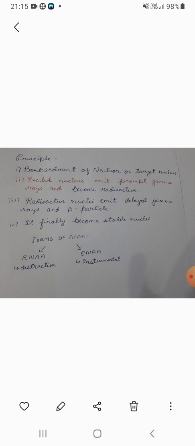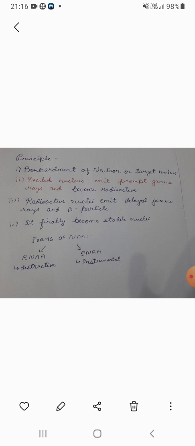So NAA, that is neutron activation analysis, can be of two types. Prompt gamma rays neutron activation analysis, that is PGNAA, and another one is DGNAA, that is delayed gamma rays neutron activation analysis.